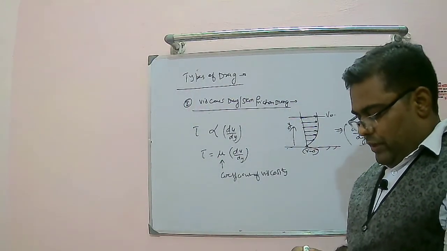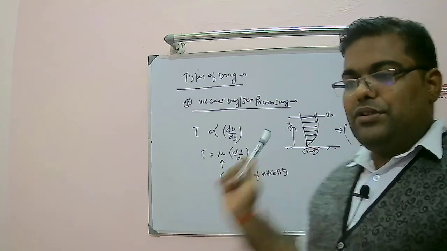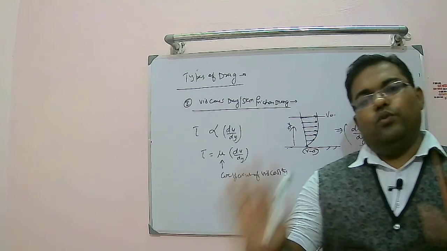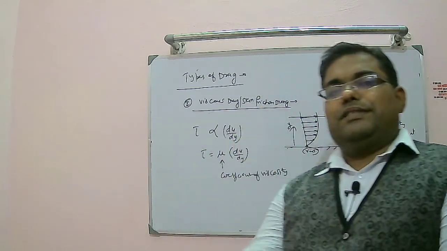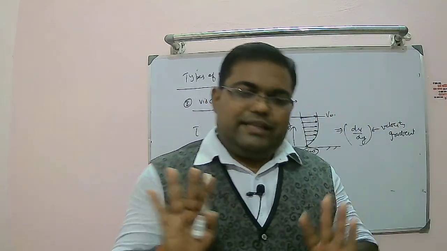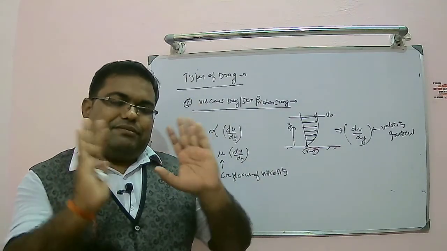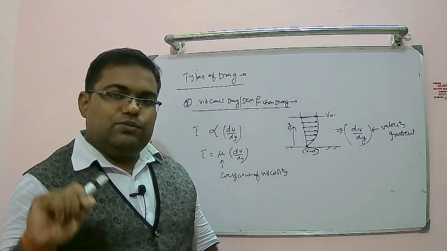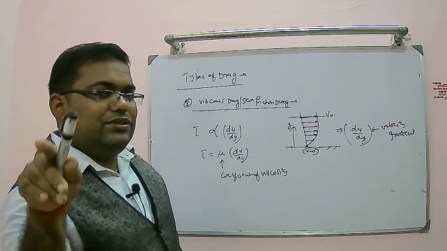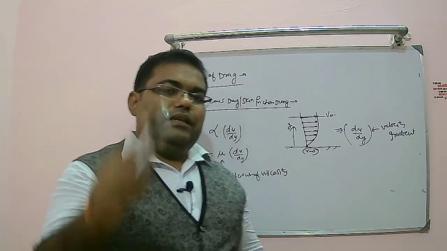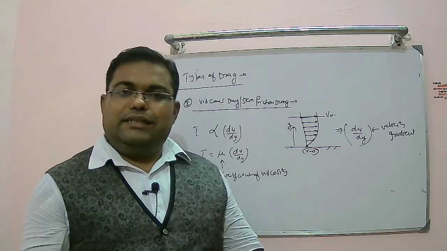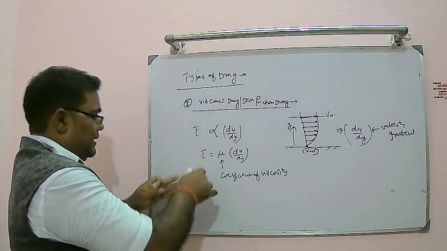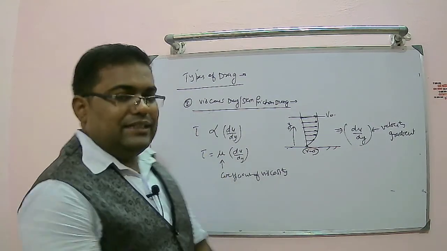Absolute viscosity is defined when the fluid is at rest. If the fluid is moving, we say it is dynamic viscosity. But there is no basic difference between them. They have the same notation and the same values. It depends on the domain: if the domain is stationary, we say absolute viscosity, and if it is moving, we say dynamic viscosity. Because of this, whatever force is acting is called the drag force.